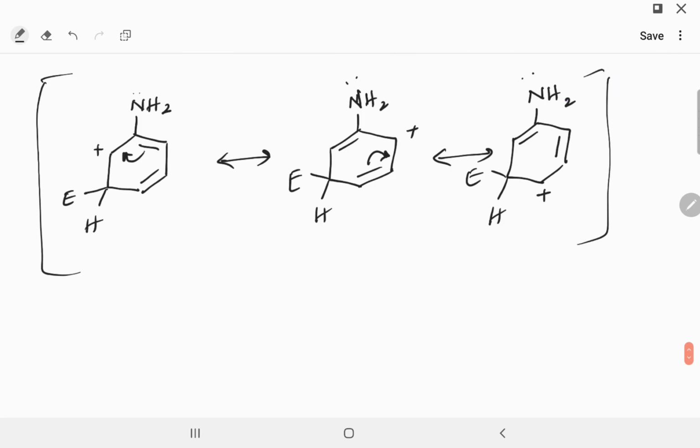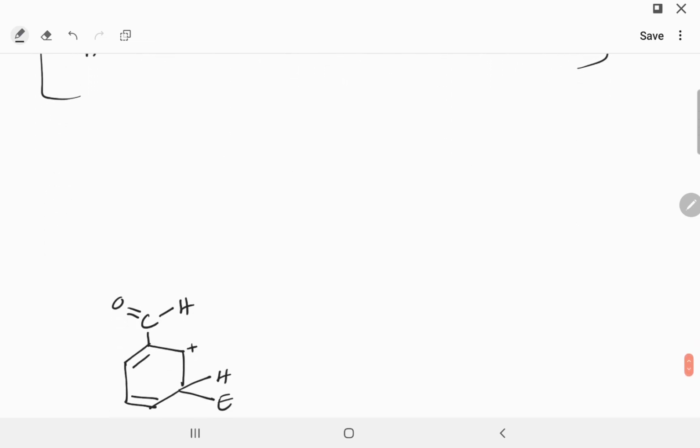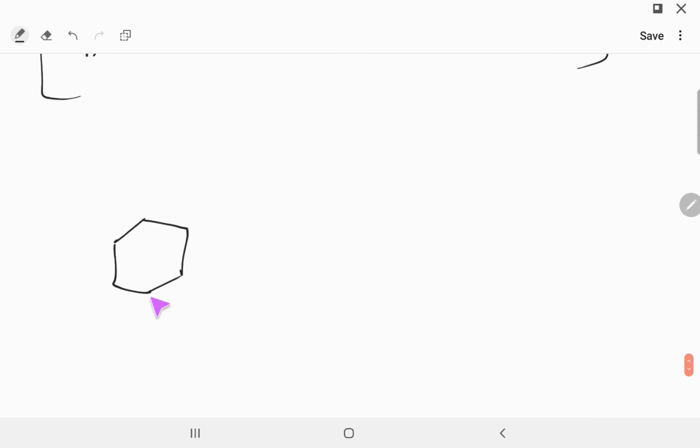All right, and let me do a small change. And then see if you could draw more resonance structures to this particular compound. We're going to do the same aniline.